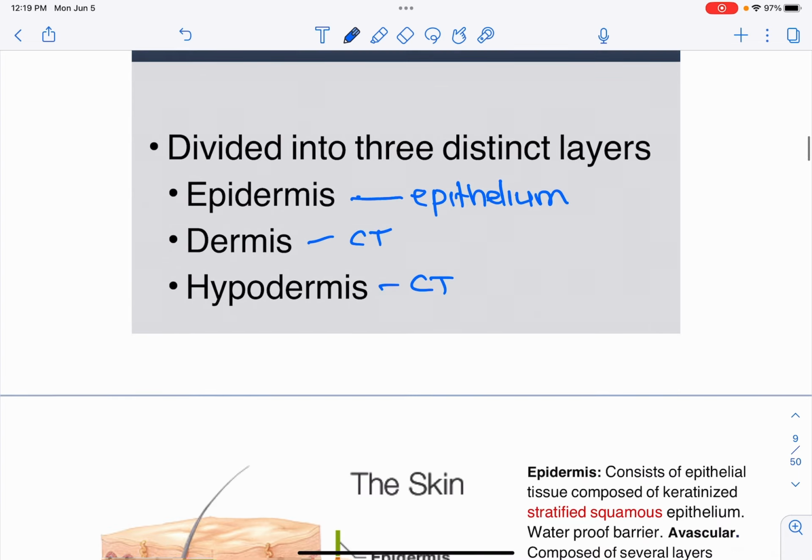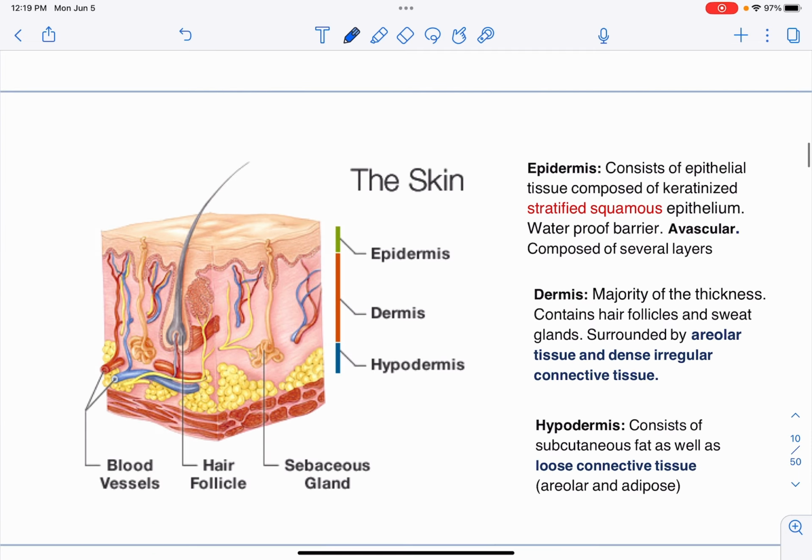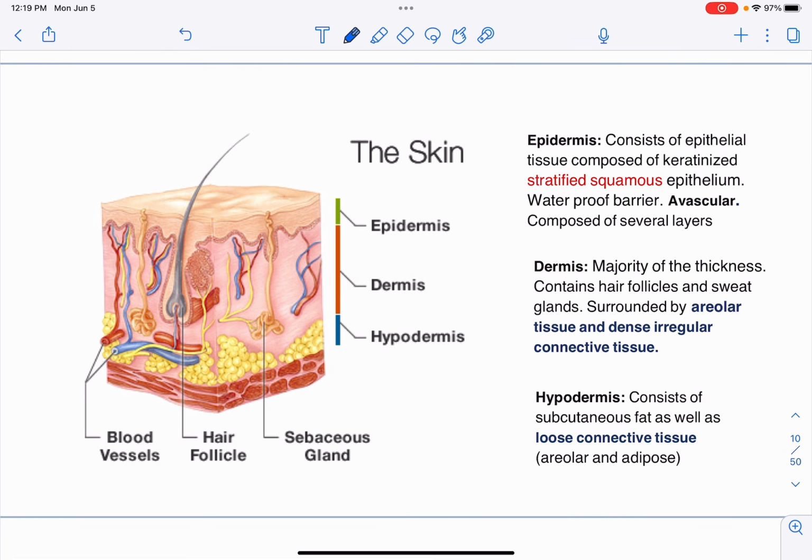So let's take a look at what this looks like. Here is a nice image showing you the layers of skin. You have the epidermis here in green. You have the dermis, which is mostly connective tissue, in red, and then the hypodermis, which is also connective tissue, here.